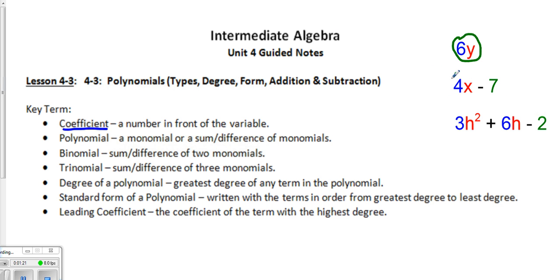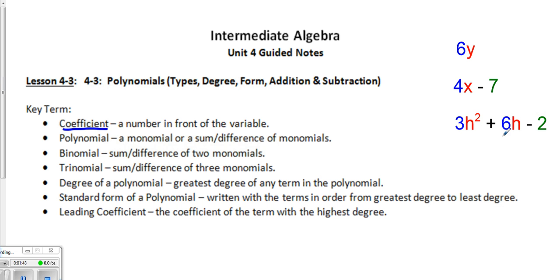Well, because 4x is a monomial, 7 is a monomial, so this monomial minus this monomial would be another polynomial. Right? This one would also be a polynomial for the same reason. So when each of these pieces is a monomial, and they're all added or subtracted together, that is what's called a polynomial. It's another way to say an expression.